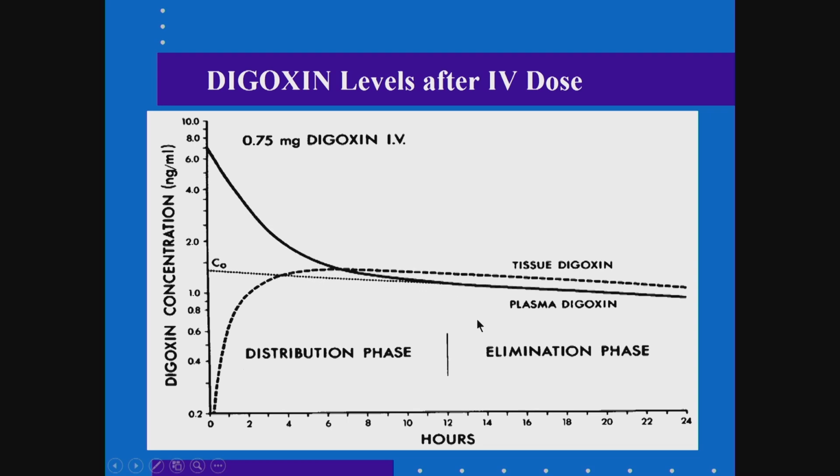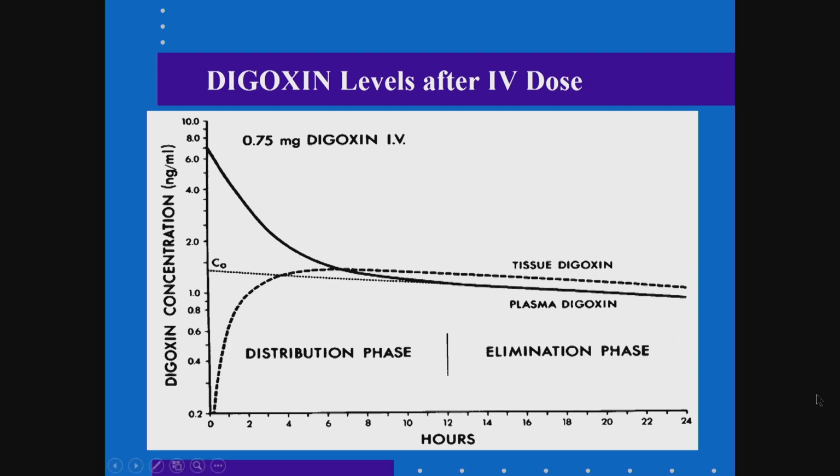Now, in order to estimate the apparent volume of distribution for digoxin, one approach is that of the extrapolation method, namely extrapolating from the terminal phase of this curve back to time 0 and estimating this C sub 0, or initial concentration of the drug.